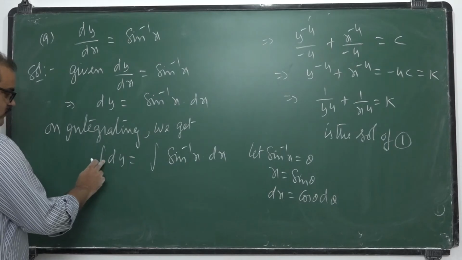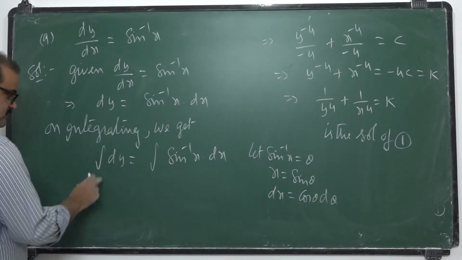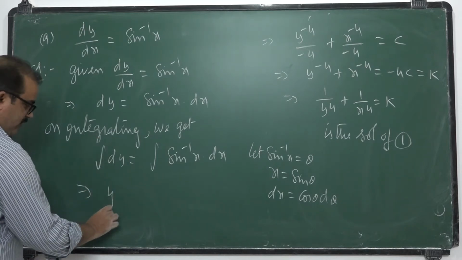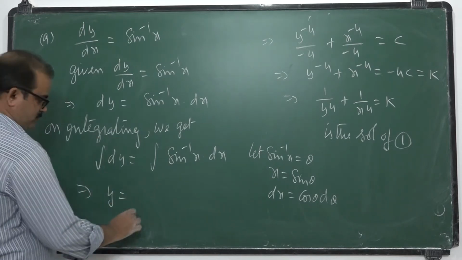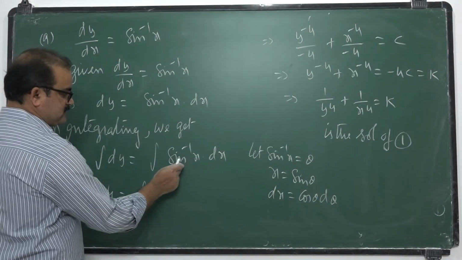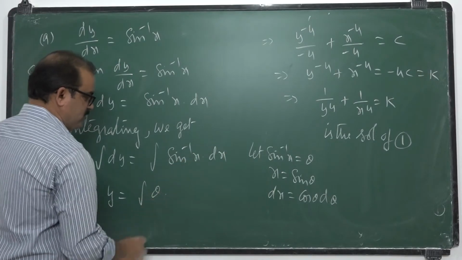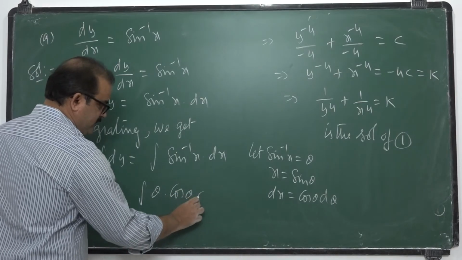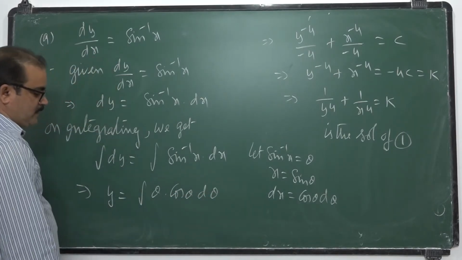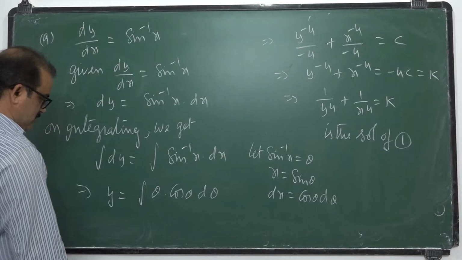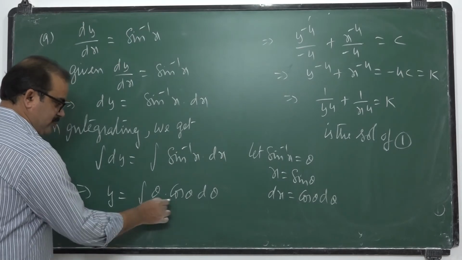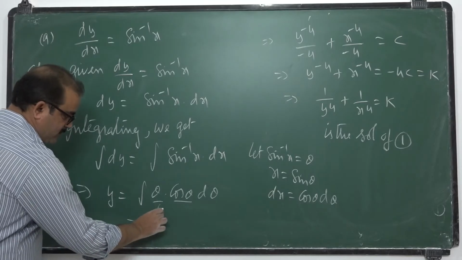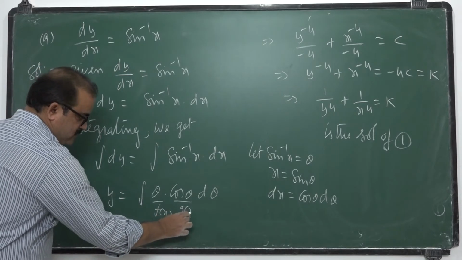Integral 1 dy in LHS. If there is no function, you take it as 1. Integral 1 dy is y, equal to integral of sin inverse x, that is theta, into dx, cos theta into d theta. Now apply the formula of integration by parts.